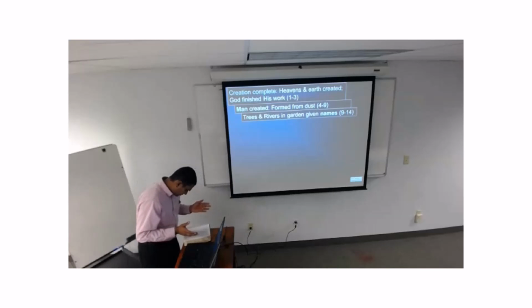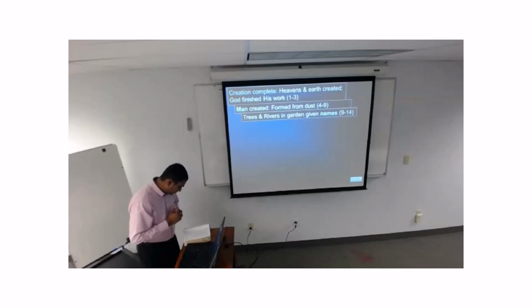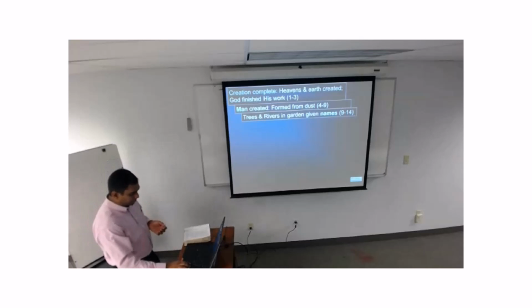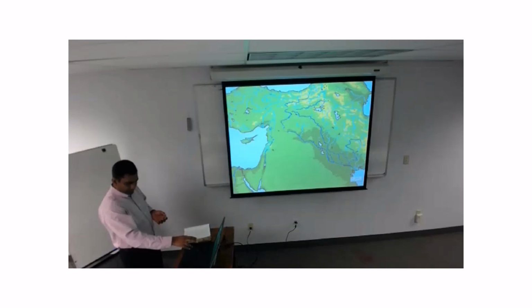So physically, there are 4 rivers that are given. This is on verse 11. Verse 10 says it divides into 4 rivers, and then verses 11 to 14 list them. And two of those rivers we know very well, and those are the Tigris and Euphrates.